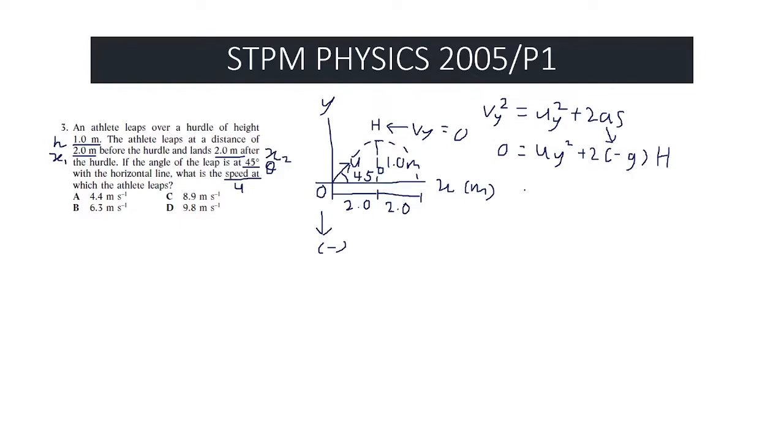Now we can substitute all the values inside, and this is uy squared minus 2 times 9.81 times 1, with H at 1 meter.